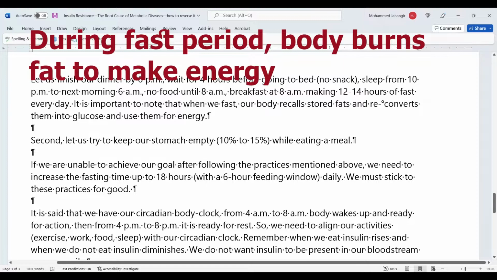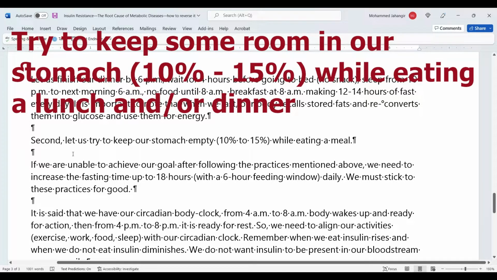It is important that when we fast, our body recalls stored fats and reconverts them into glucose and uses them for energy. Second, let us try to keep our stomach empty while eating a meal.